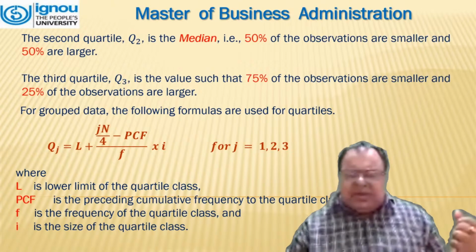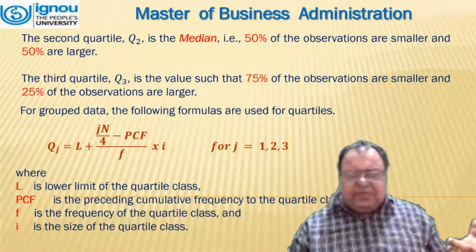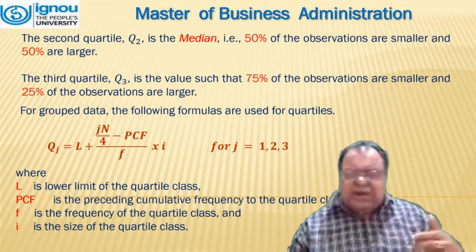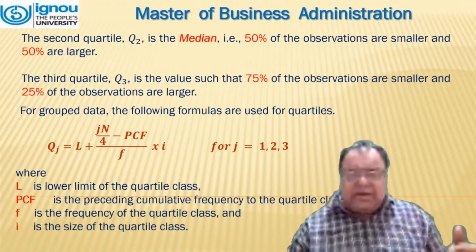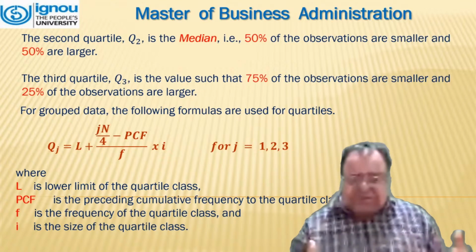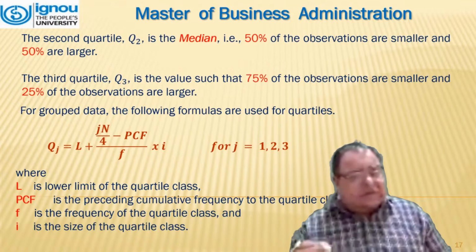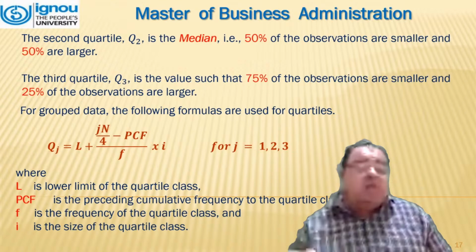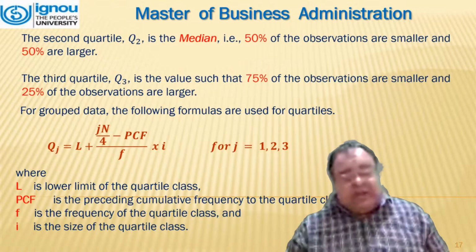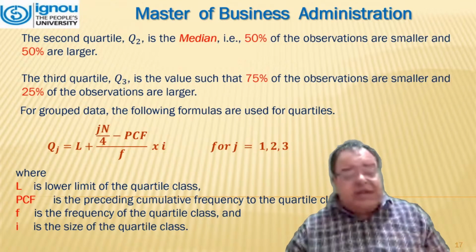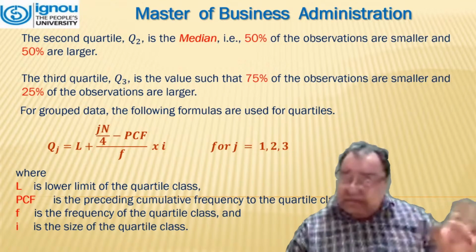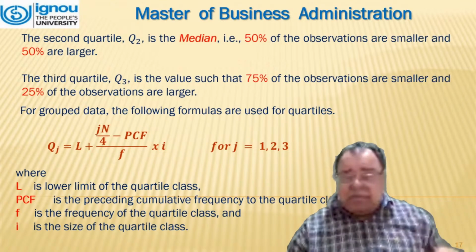So we have a basic relation. This is similar to what we have learned in finding the median. Here the representation has been changed, but the concept remains the same. We have to be very conscious about what has been asked and how we have to apply it. Qj is equal to L plus (Jn by 4 minus PCF) upon F into I. In the median, we did n by 2.